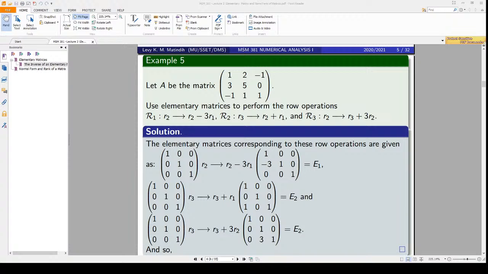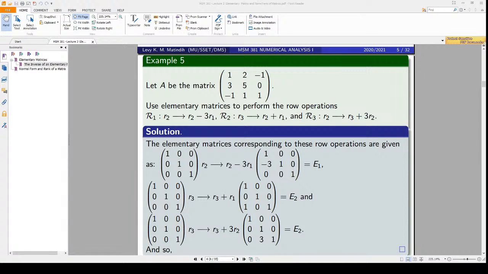This R1 is, in short, the first elementary row operation. R2 means the second elementary row operation. R3 means the third elementary row operation. So the subscripts really look different from what the operations are telling us. So in this scenario, we are saying row 2 implies row 2 minus 3 times row 1.